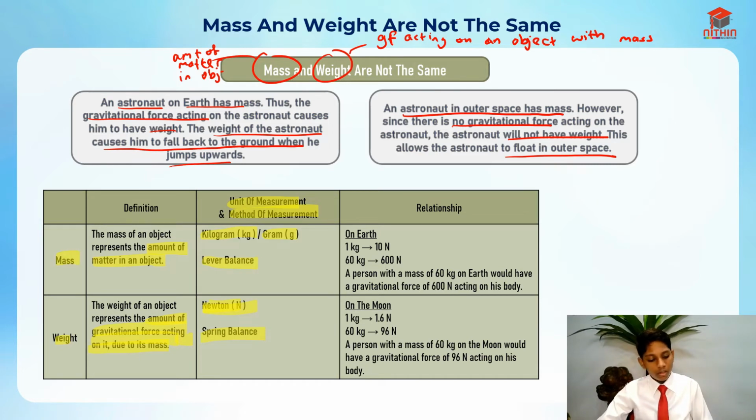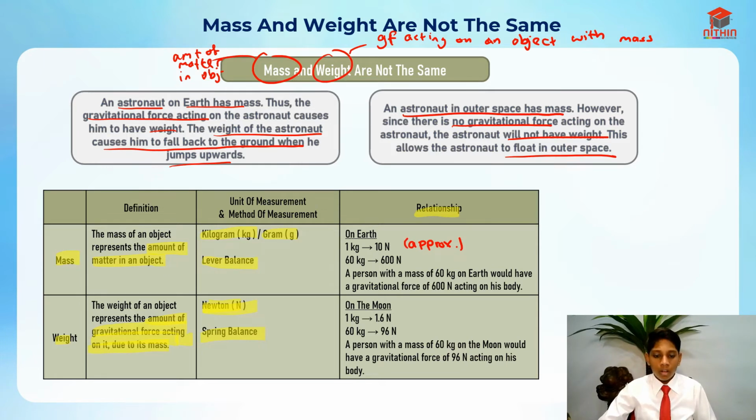Okay, so now let's take a look at the relationship. So what is the relationship? On Earth, if something is 1 kg, it is basically approximately 10 newtons. So this is basically an approximation, okay?